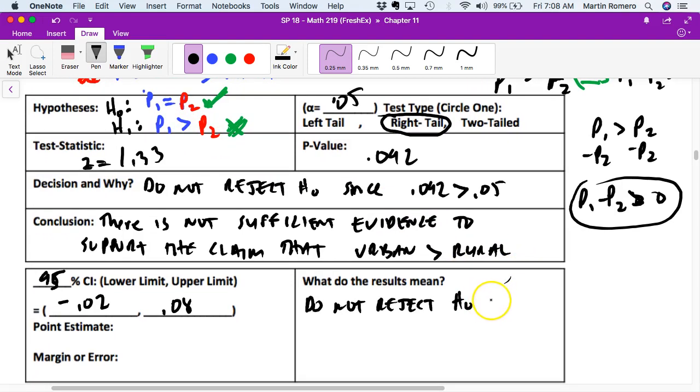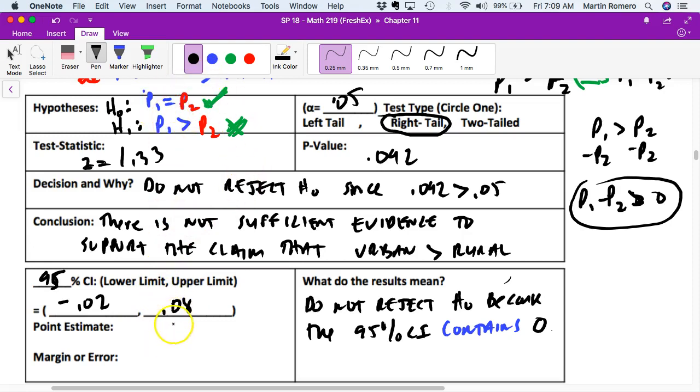We do not reject H sub 0, the null hypothesis, because the 95% confidence interval, here's the key word, I'll write it in a different color, contains 0. Means 0 is in between, which means it is possible that those two proportions are equal to each other.